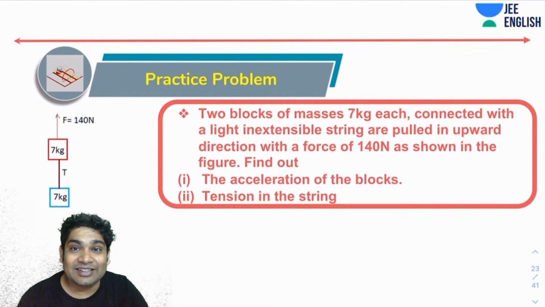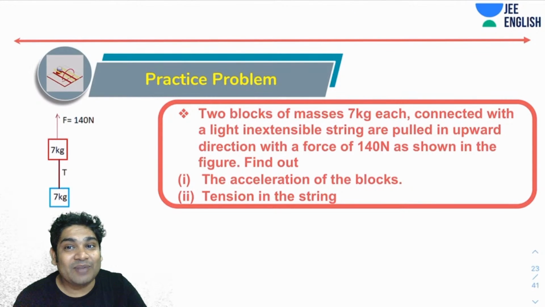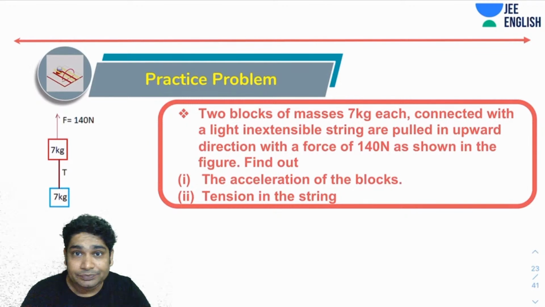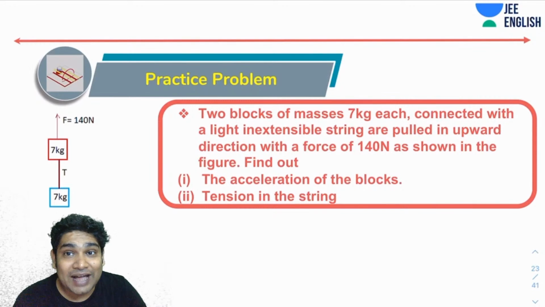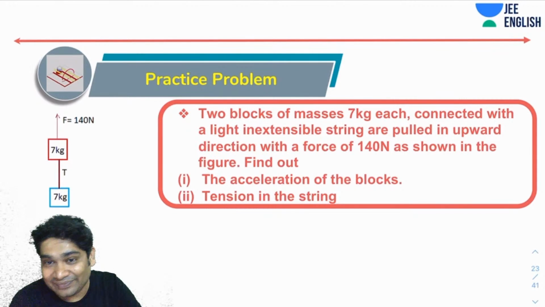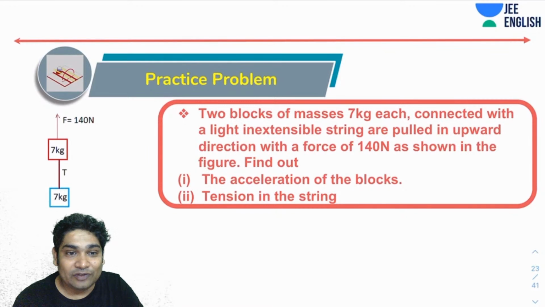Now let's try another problem. Two blocks of masses 7 kg each are connected with a light inextensible string and are pulled upward with a force of 120 Newton. Now find out the acceleration of the blocks and the tension in the string. Now this should be very, very easy. Yes, now you should be getting a hang of this.